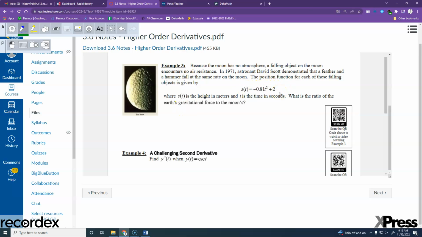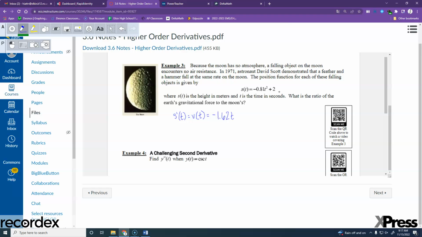So if we've got position here, if we want to know velocity for that object, S prime of t would give us the velocity, which would be, we would multiply here, so we would get negative 1.62t.